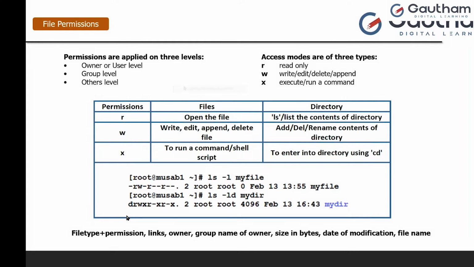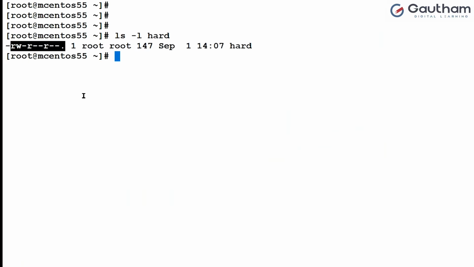Now, how to identify what permissions are assigned? Like in this case, you see there are three sets of permissions. So the first set, what you see over here, the first set of permissions, 1, 2, and 3. These three permissions belong to the user or the owner, which is root.